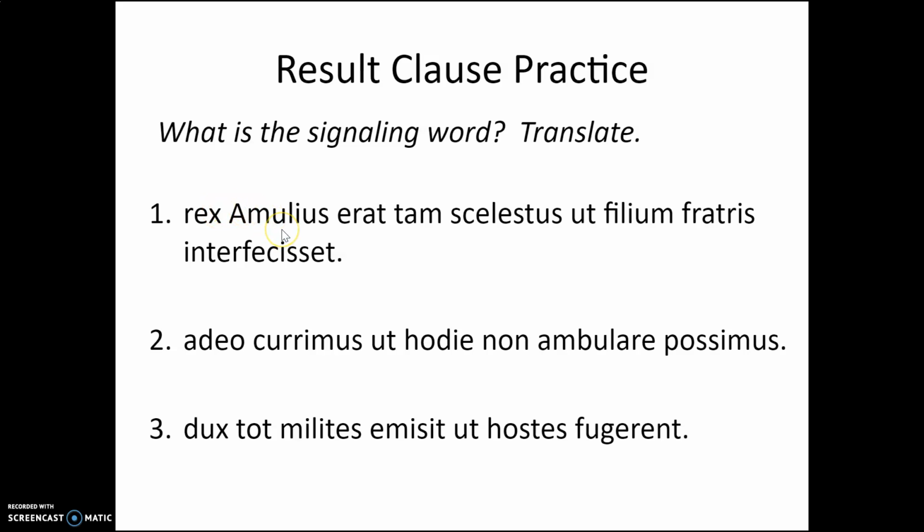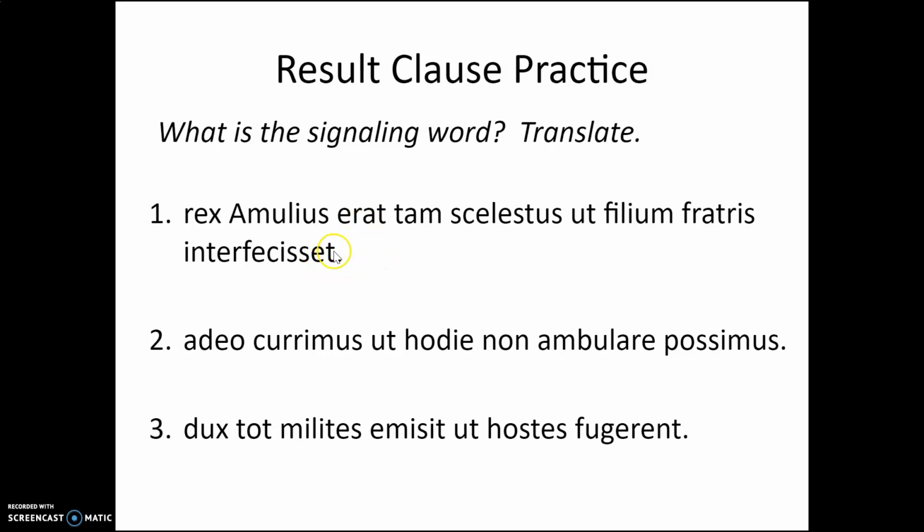Rex Amulius, King Amulius, erat, was, tam scelestus, was so wicked, ut, that, and this is accusative, so I'm just going to skip to the end.